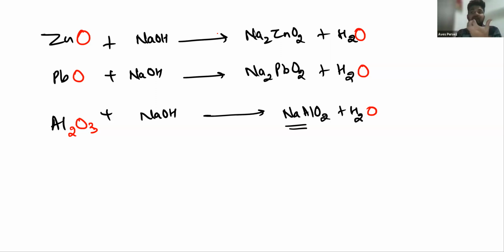These are standard level questions, and you are only able to answer them when you have full knowledge of your chapter and have studied everything thoroughly. These should be on your fingertips. And the amphoteric oxides topic is important: what are amphoteric oxides? You have to memorize and learn this one.